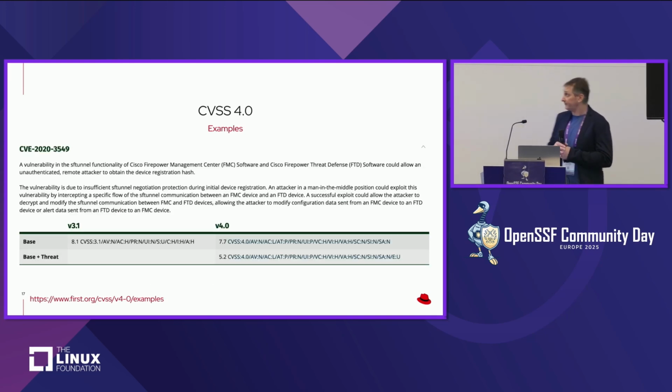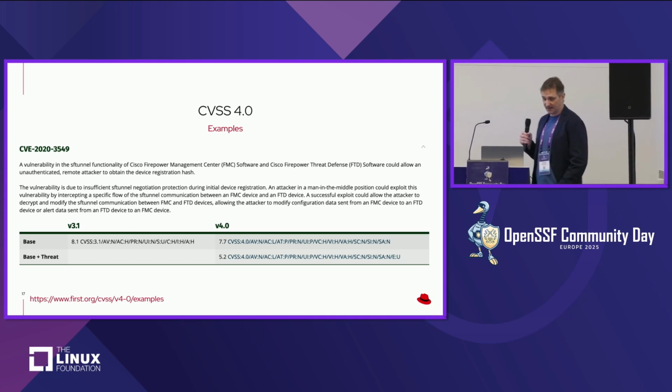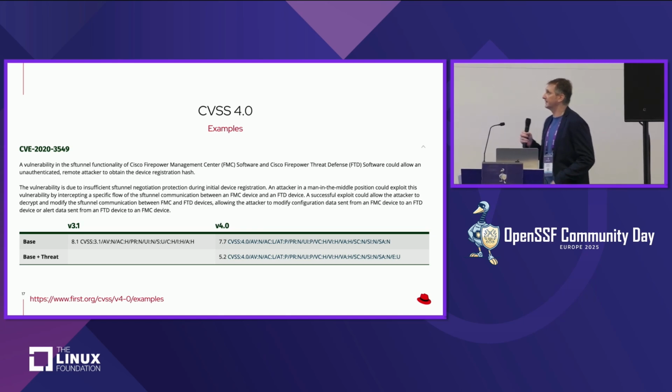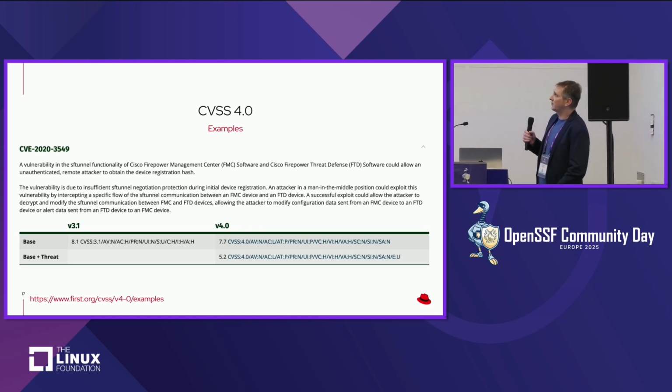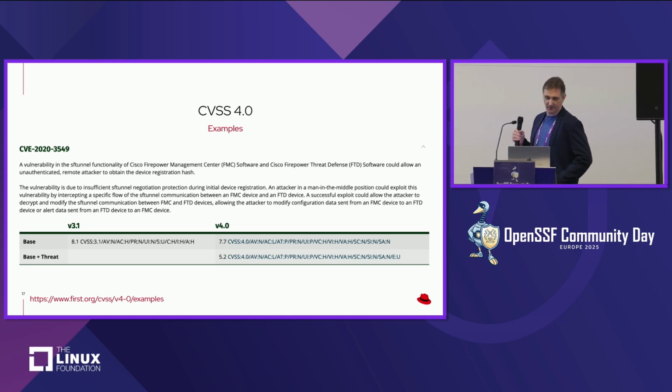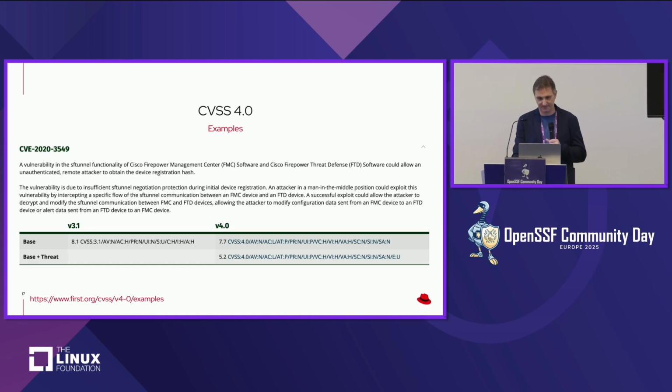But I can show you one example that's coming from FIRST, and as you can see, you can get quite different scores depending on whether you are applying the formula for version 3, version 4 only with the base metrics, or including also the threat metrics.